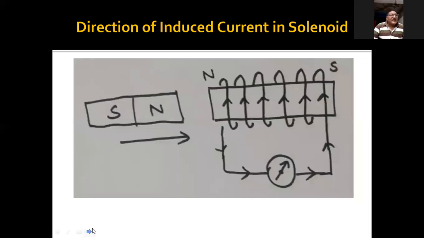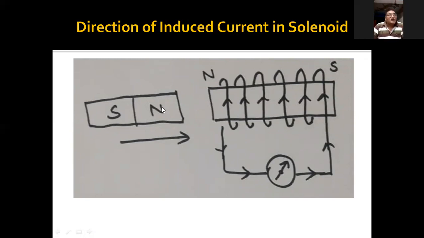here we have another example, and in this example you can see the same solenoid. It's connected with a galvanometer. The pointer of the galvanometer will be in the center when there is no current in the solenoid. And here I have a bar magnet.